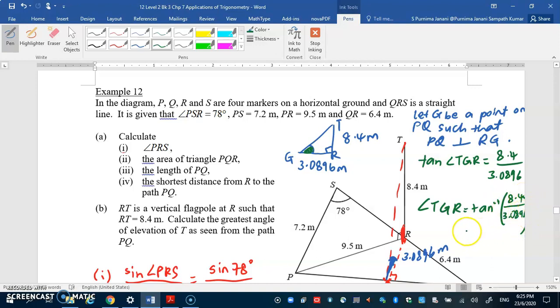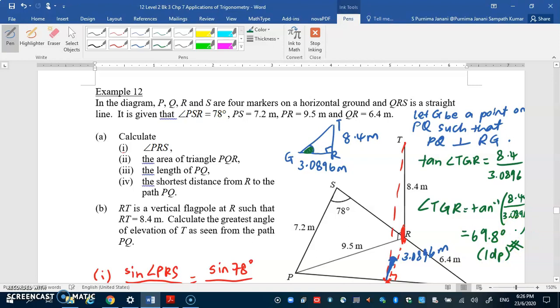No space. Okay, press calculator. My angle will be 69.8 degrees to 1 d.p. So I'm just going to write that 69.8 degrees, bracket 1 d.p. So this is the greatest angle of elevation.